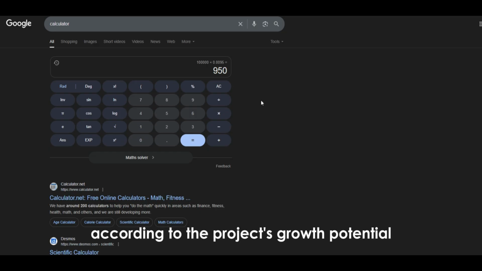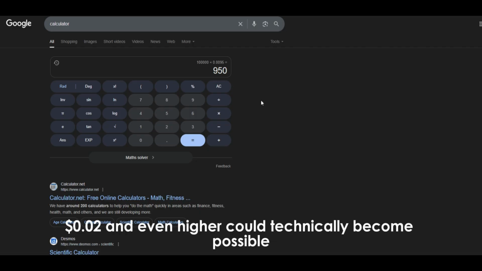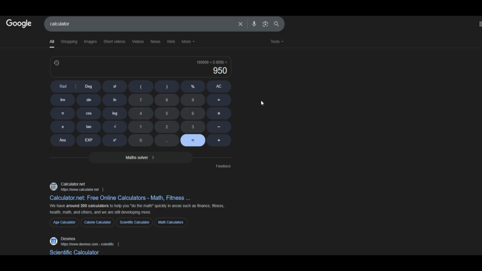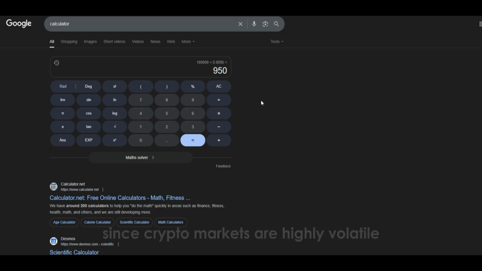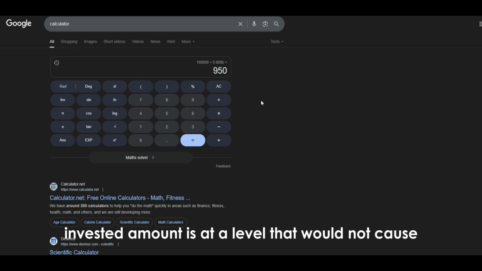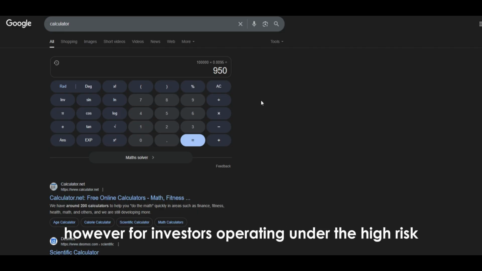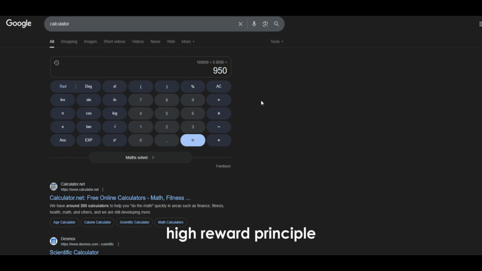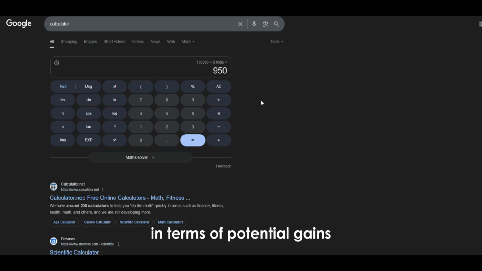According to the project's growth potential, levels like $0.015, $0.02, and even higher could technically become possible. At this point, the investor's own risk appetite also comes into play. Since crypto markets are highly volatile, it's important that the invested amount is at a level that would not cause serious trouble if it lost. However, for investors operating under the high-risk, high-reward principle, such opportunities can be very exciting in terms of potential gains.